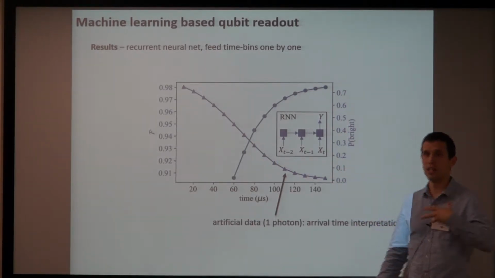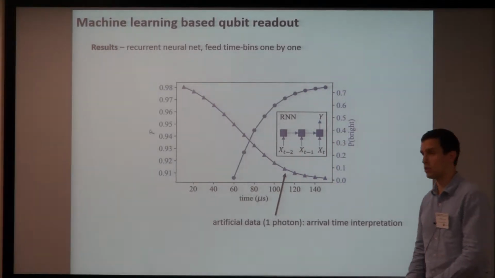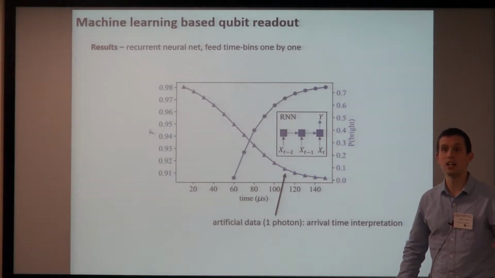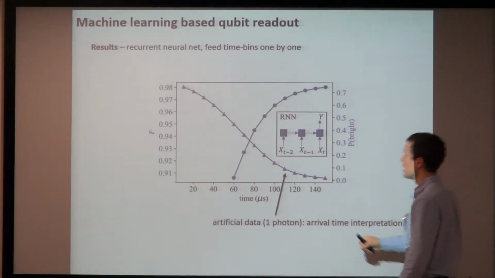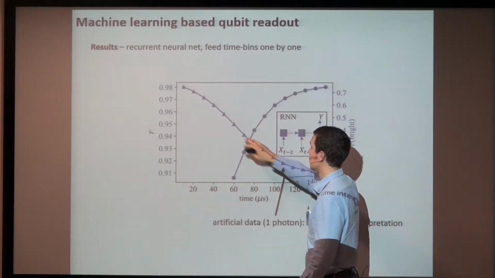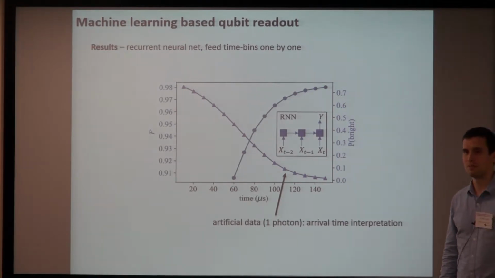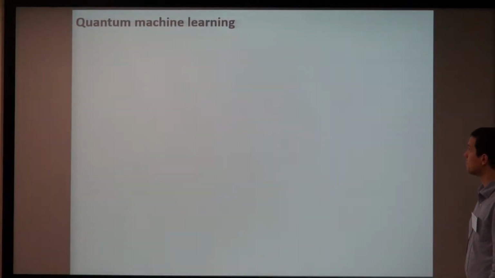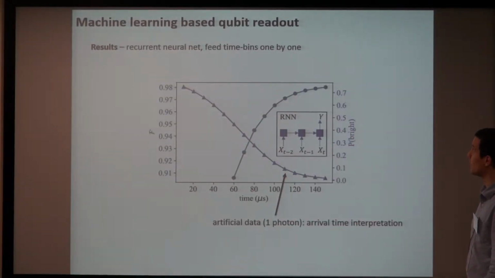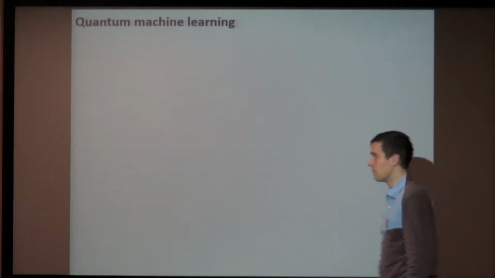When the photon arrives very late in the detection window, it probably comes from background scatter or a dark count in the detector. Okay, and so that tells us that what this neural net has learned is an image of what we think is actually happening in the system. So that's machine learning based readout, I would say.